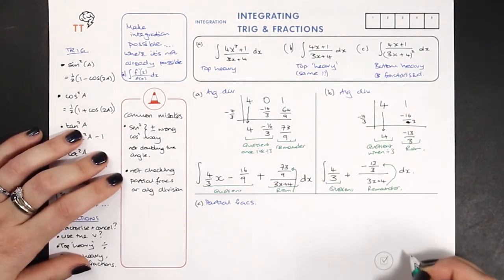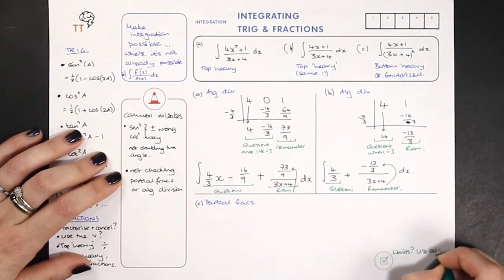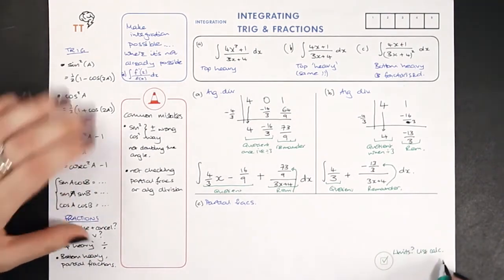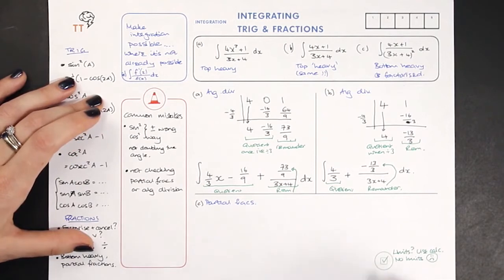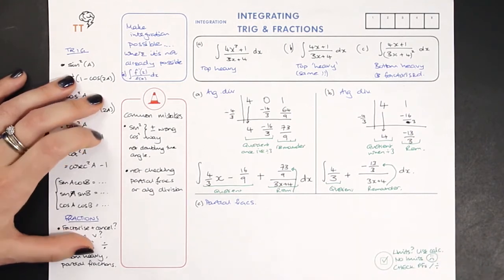If you haven't got limits, it's really hard to check. So with limits, you can use your calculator to integrate it using the button we've seen lots of times. If there are no limits, then you can't check it. That makes it even more important that you check your partial fractions or your algebraic division. It's easy to check, isn't it?